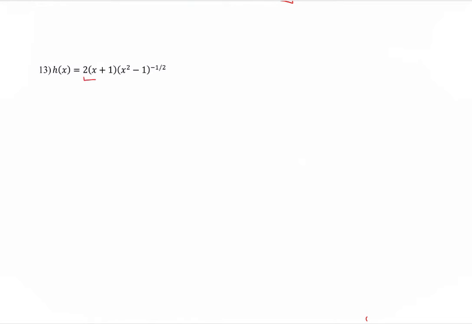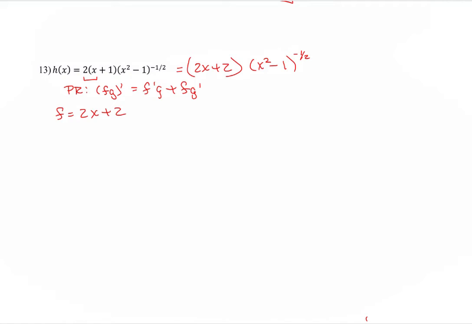All right, so let's multiply the 2 through. So what I have is 2x plus 2 times x squared minus 1 to the negative 1/2. Okay, so now I'm going to have to use the product rule. Product rule says that (fg) prime equals f prime g plus f g prime. So f equals 2x plus 2, and f prime equals 2, and g equals x squared minus 1 to the negative 1/2.